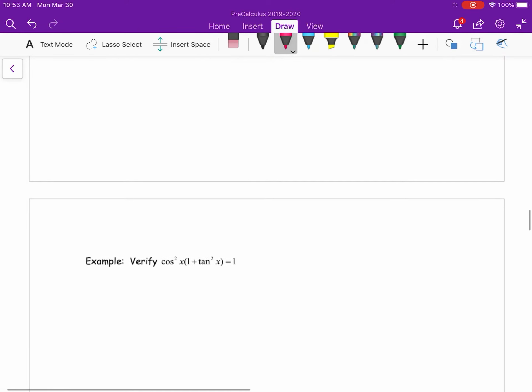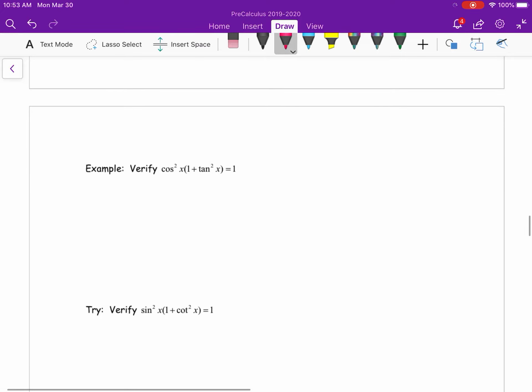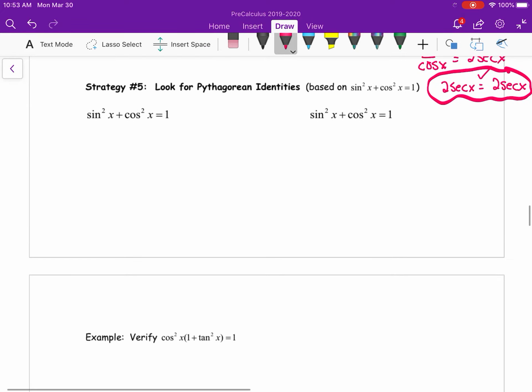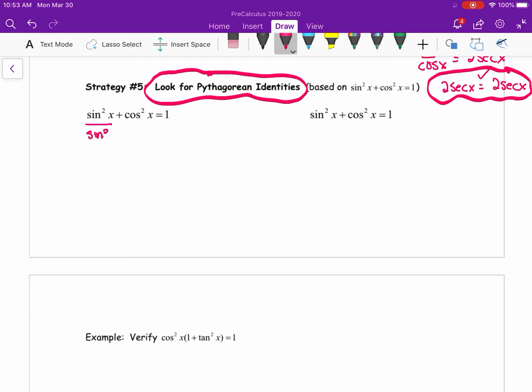In our strategy number 5, it is just to look for Pythagorean identities. And if we go back to that, and remember, if we forget what the other ones are, we can divide by sine squared x here, sine squared x here, sine squared x here, and we get 1 plus cotangent squared x equals cosecant squared x.